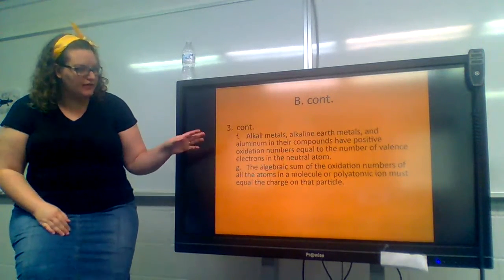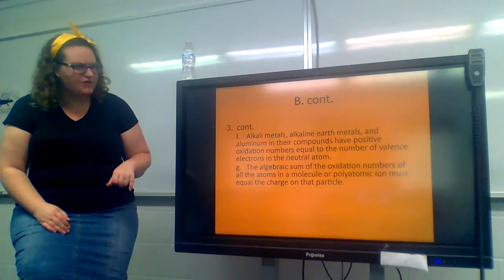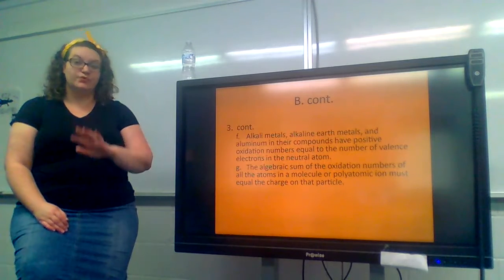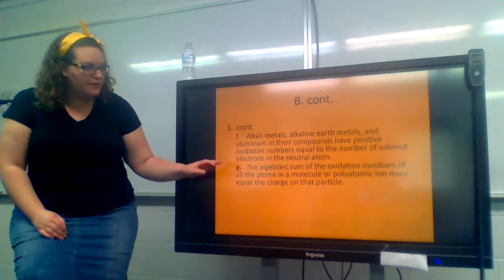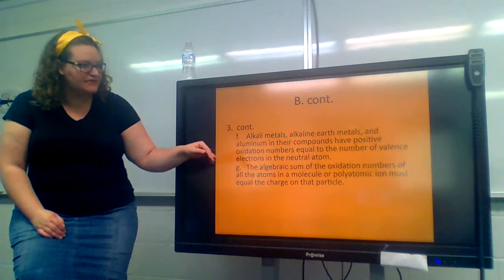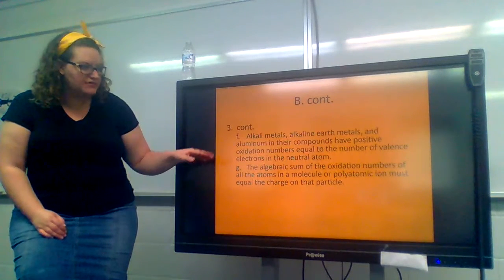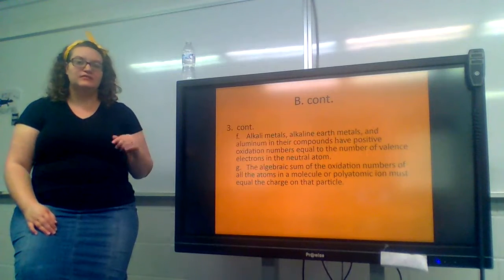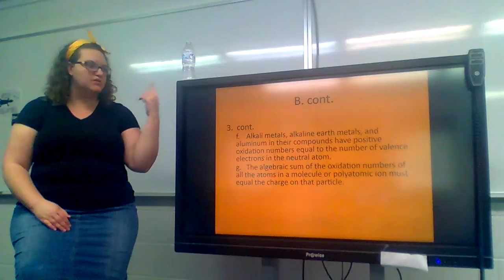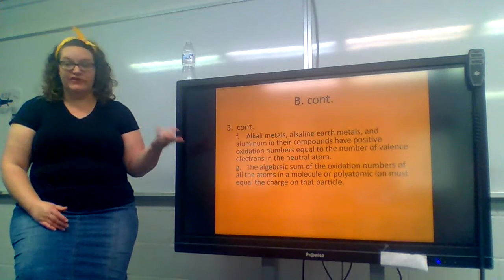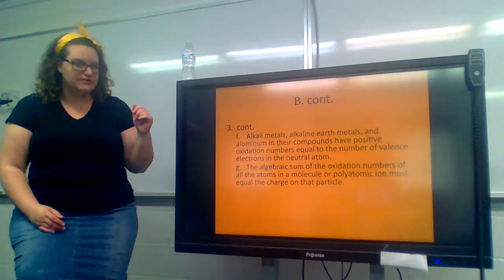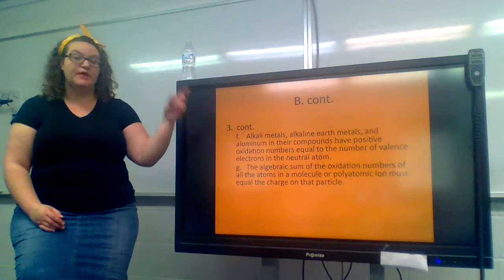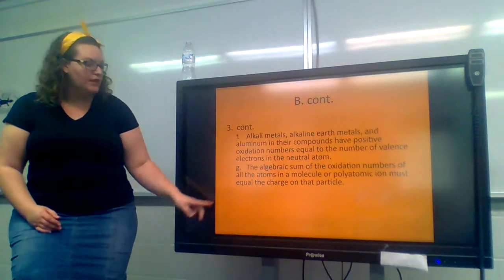And then you have your alkali metals and your alkaline earth metals and aluminum, because aluminum is a derivative of those. But in their compounds, they have positive oxidation numbers equal to the number of valence electrons in the neutral atom. So if the neutral atom has, let's go with 3 valence electrons, just for argument's sake, then their oxidation number is going to be positive 3.